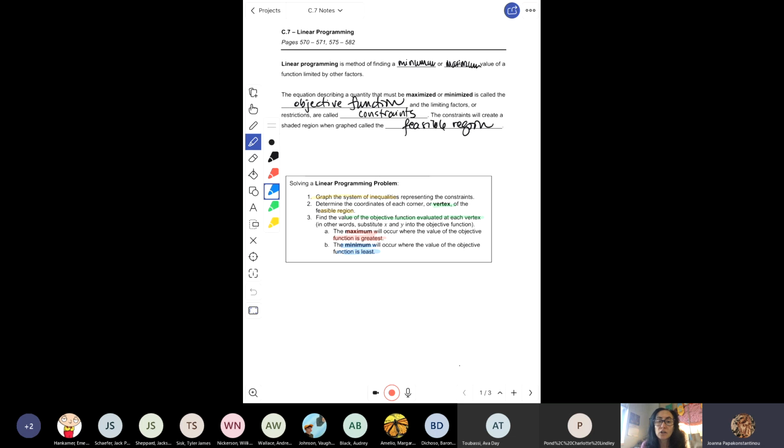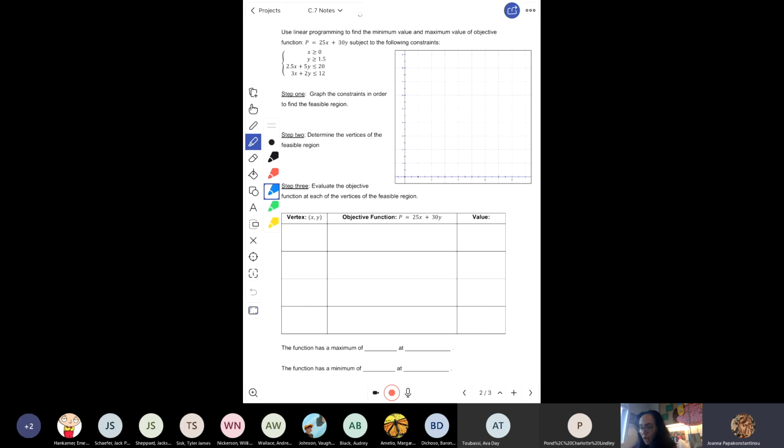So let's look at an example of a linear programming problem. Here you're being asked to find the minimum value as well as the maximum value of the objective function. Here's your objective function, a nice linear function of x and y, subject to the following constraints. Here is the system of inequalities.